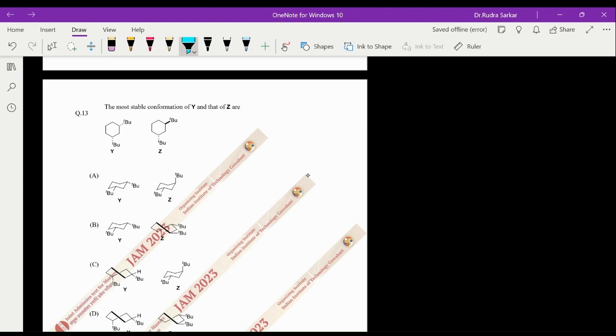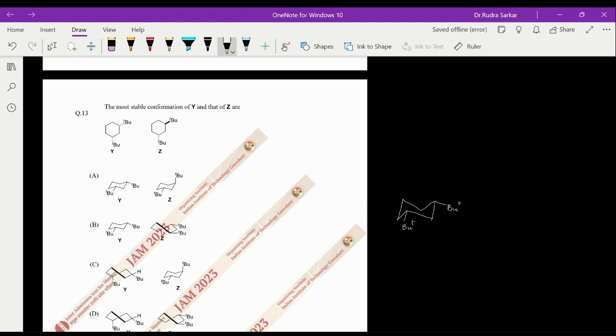So there is no doubt for Y. In the chair conformation where the tertiary butyl groups are in the equatorial position, that conformation will be the most stable one, as it is avoiding the 1,3 diaxial interaction.